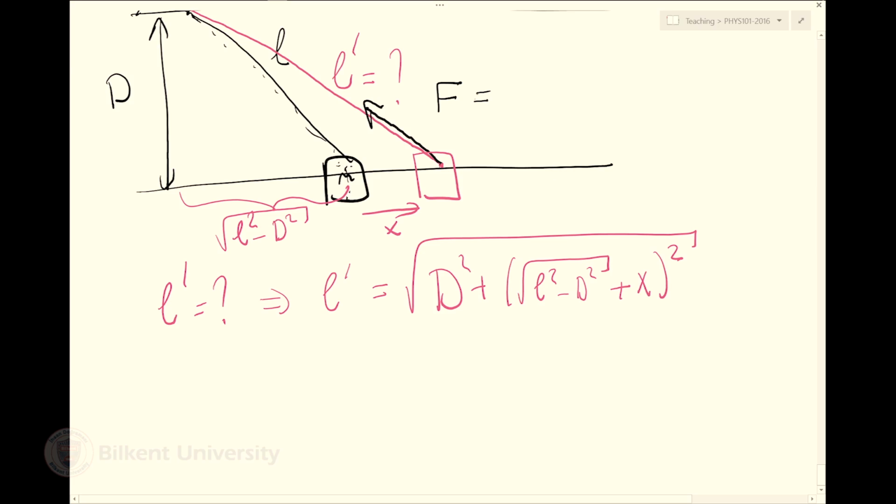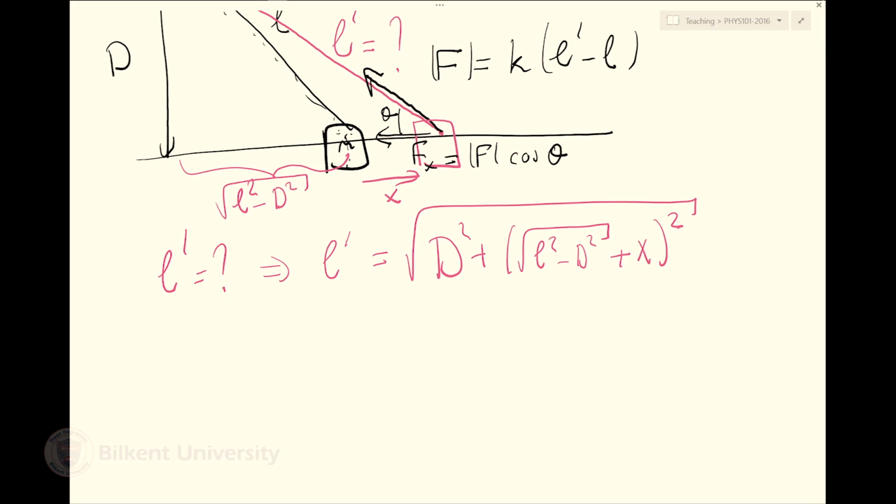It's going to be k times L prime minus L. How about the x component? Fx is going to be, if that angle is theta, F cosine theta.